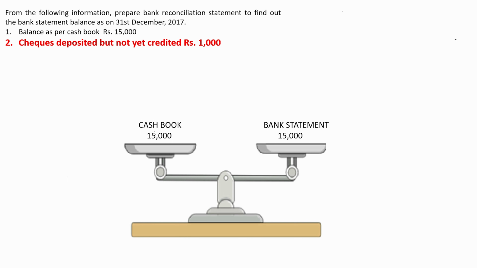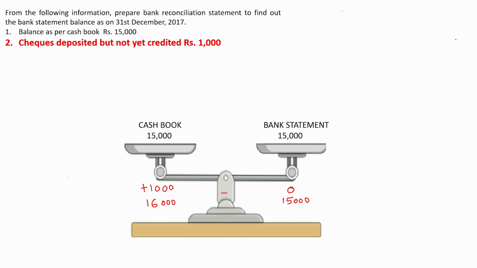Check deposited but not yet collected, rupees 1,000. As soon as a check is deposited, we treat it as a deposit in our cash book. 1,000 rupee is added to the cash book balance, whereas it is not yet credited in the bank statement. Due to this discrepancy, cash book shows a balance of 16,000, whereas in the bank statement, the balance is still 15,000.